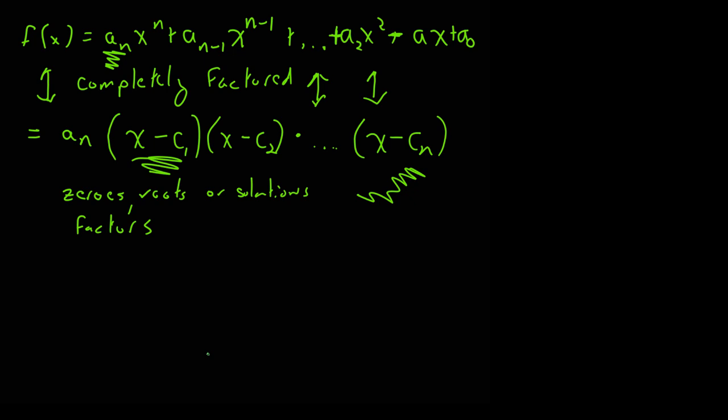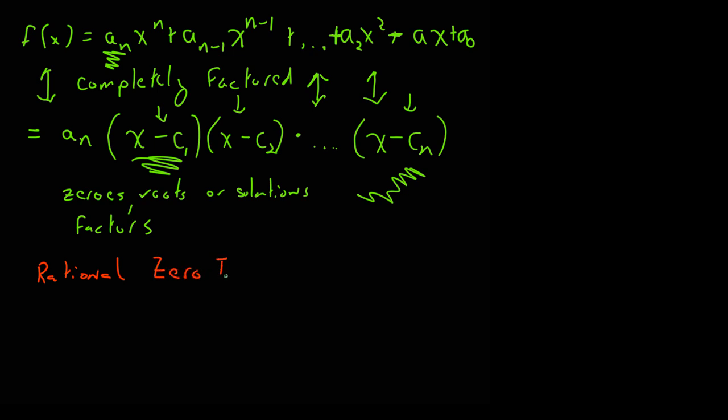But we need to find a way to find something to divide by, something to make these smaller. And so what we're going to have to do is come up with a series of tests that are going to help us find whether our factors are right or not. And so the first test that we're going to get to, the first thing that works us through everything here, is the rational zero test.